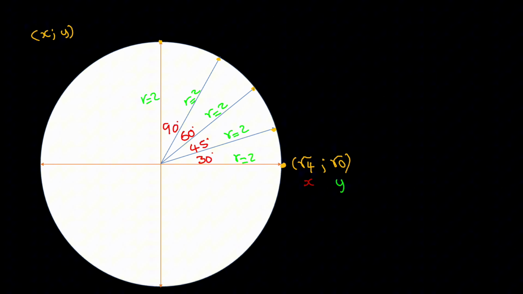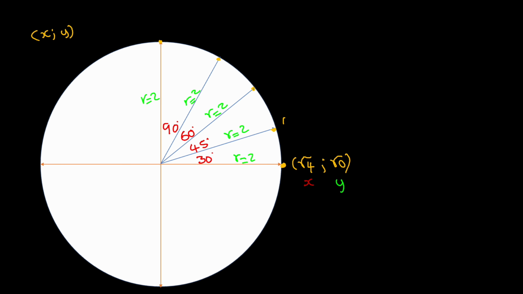Now, why do I have x in red? That is because the value inside the square root for the x part, as you go along, will decrease, and the value inside the square root for the y part will increase. So this is how we go about it.